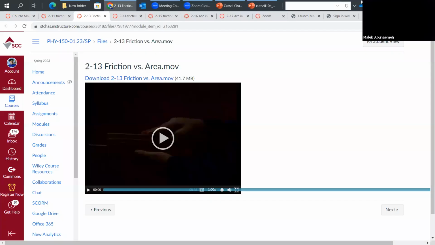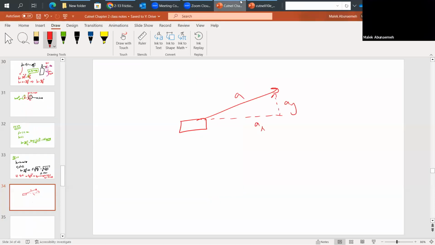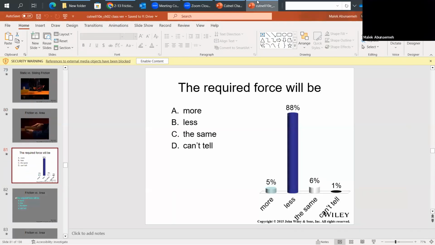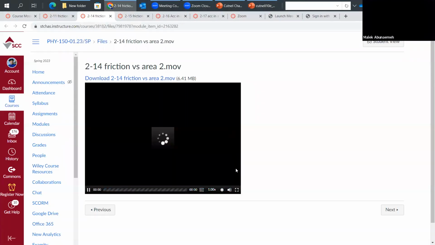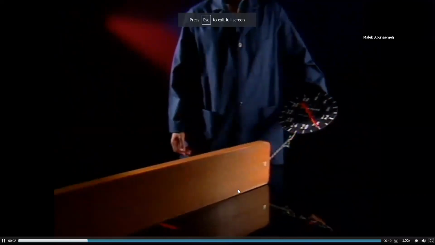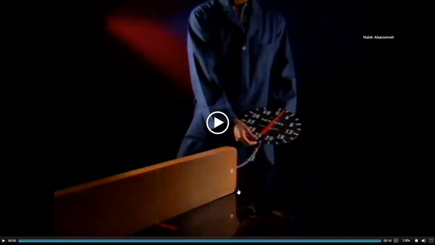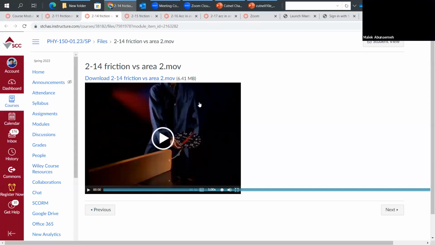Would it be using more or less force? Let me go ahead and see the question. Will the force required be more, less, the same, or can't you tell? What do you think? The force remains about the same. For example, when you tow your car, whether you tow it on its side or upside down, you're still going to be using the same amount of force.